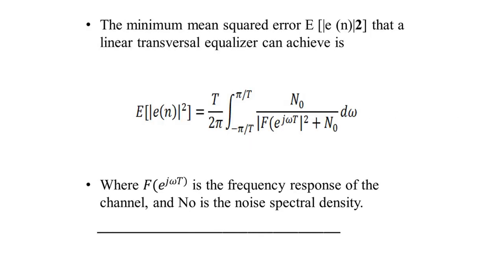The minimum mean squared error can be given as the expected value, E of error square, E of en square, for this kind of linear equalizer, equal to T by 2 pi, integrated from minus pi by T to plus pi by T, of N0 over the signal to noise ratio term, expressed in the frequency response format as F of e power of j omega T squared plus N0.